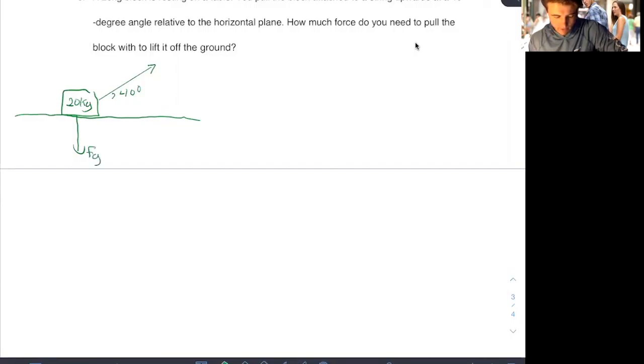So the force of gravity is 196 newtons. We also have a normal force here that at the moment is 196 newtons. We have some sort of normal force here, whatever it may be.